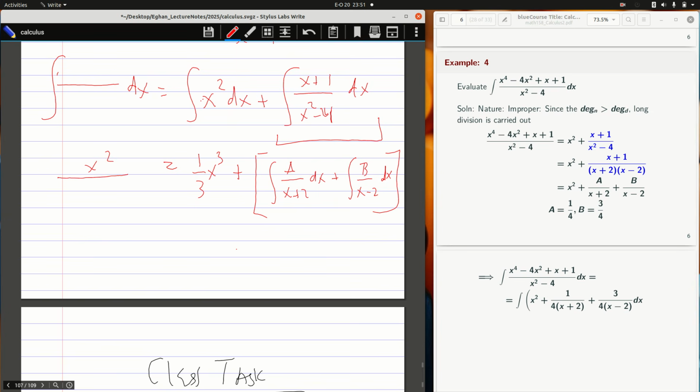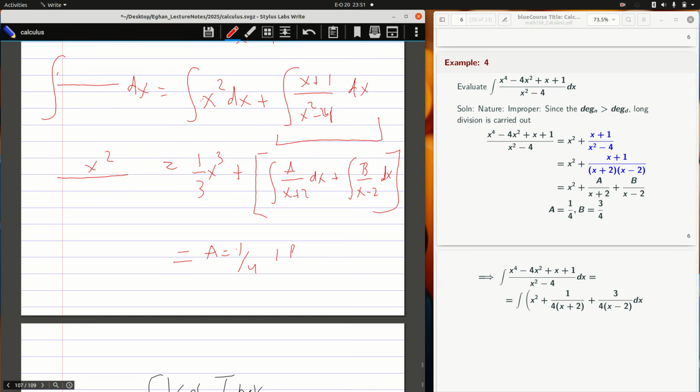Should I take my time and go through this with you, or will you be fine? You should be able to do that; we've gone through this in algebra. So A should be equal to 1 over 4 and B should be equal to 3 over 4.